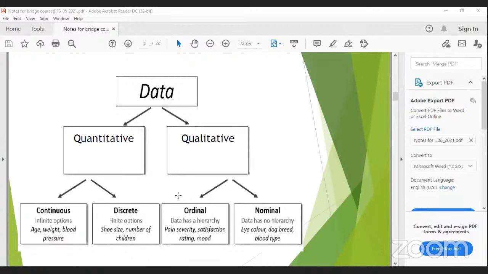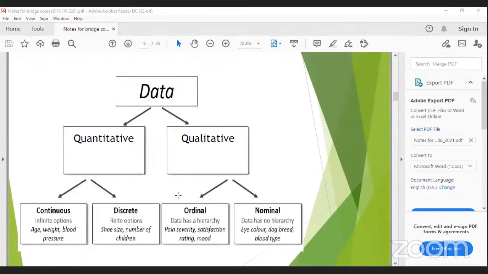Continuous data means you have infinite options, like age, weight, blood pressure. Discrete data means you have finite choices, like the number of children. I will not say I have 1,000 children; discrete means a finite number.